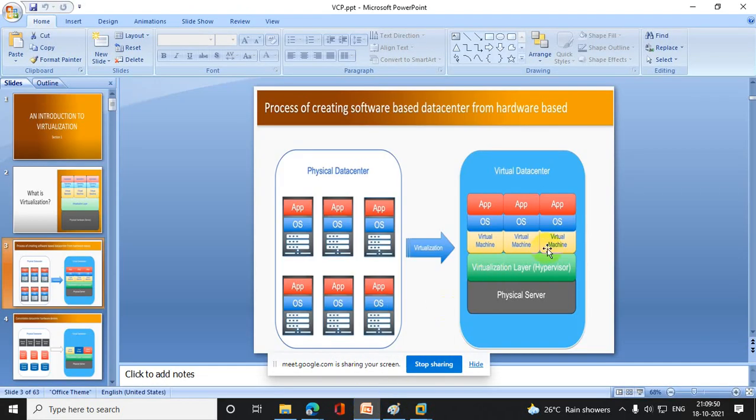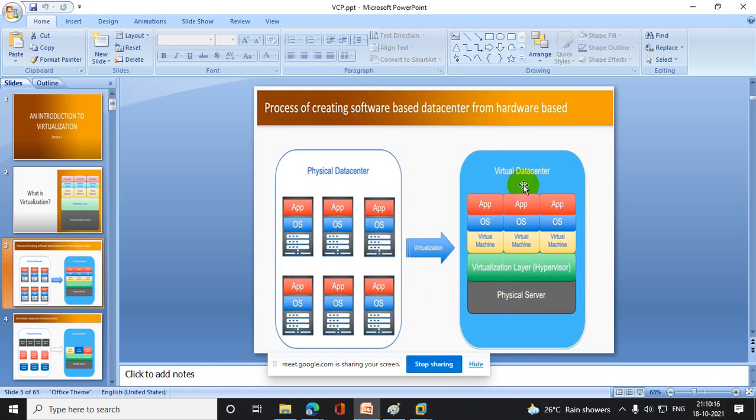So this was actually the physical traditional setup, because this side is a physical data center. That means it is an old traditional data center, I guess. Here all physical machines host apps. That means here is the requirement of 6 applications, and 6 applications need 6 servers.